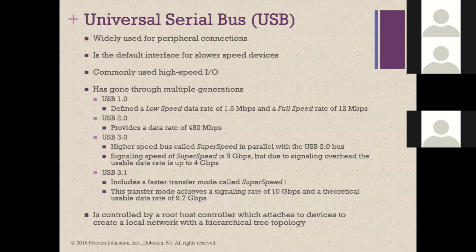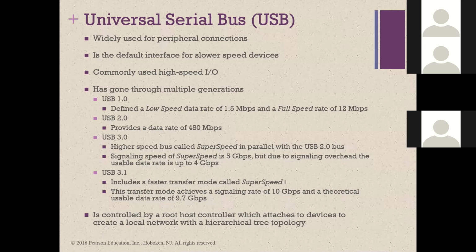It's widely used for peripheral connections. It is the default interface for slower speed devices such as keyboards and some pointing devices, but it is also commonly used for some high-speed I/O, including printers, disk drives, network adapters, and so on.